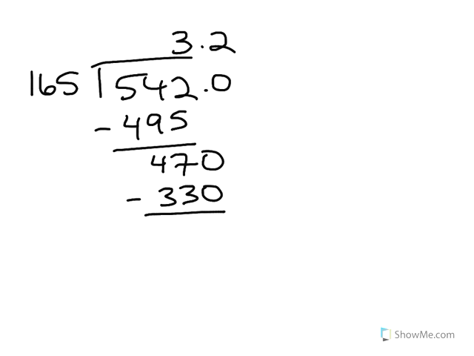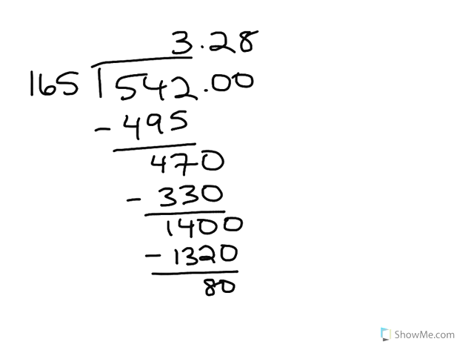And 470 minus 330 is 140. Bring down another 0. 165 goes into 1400 8 times. 8 times 165 is 1,320. 1400 minus 1320 is 80.